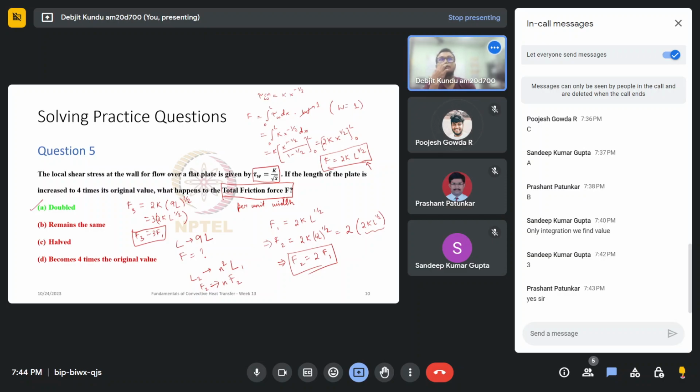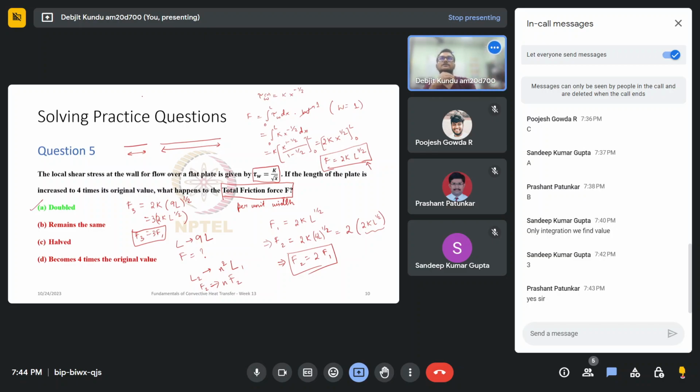The physical understanding which we should derive here is that if I increase the length of the plate, the frictional force will also go up, but not proportionately. If I double it, it won't become double. If I make it 4 times, it won't become 4 times. It would only be doubled. So that increase is not as much as we expect.